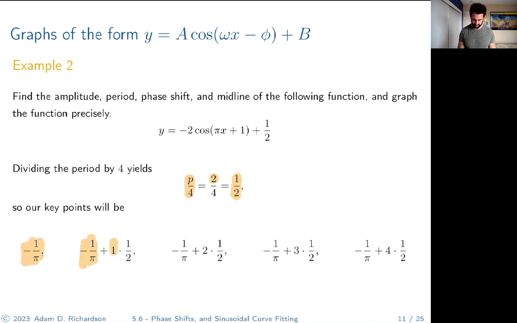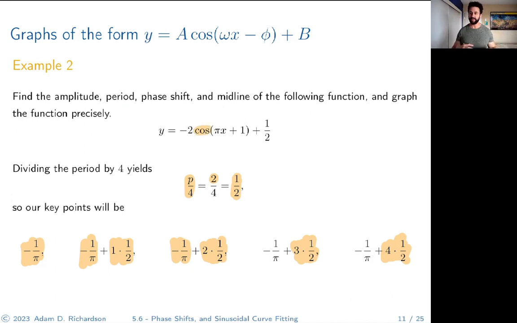It's the phase shift plus 1 half. The next one is the phase shift plus 2 halves, and then plus 3 halves, and then plus 4 halves, and so on and so on. All right. So we've got everything we need. We know the amplitude, we know the period, we know the phase shift, we know the midline, we know all the key points, we know that it's a cosine graph, we know it's going to be reflected vertically.